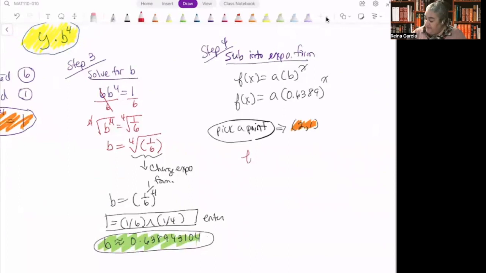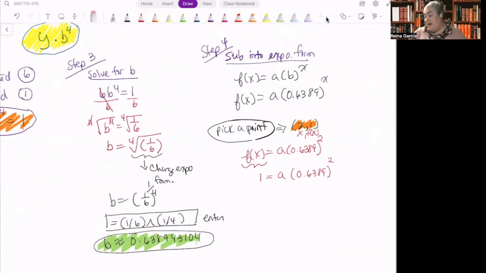So f(x) equals a, which we don't know, times 0.6389 that we just found out, to the x, which in this case is 2, so to the 2. And f(x) is my y, so I can sub this as a 1. So 1 equals a times 0.6389 squared.